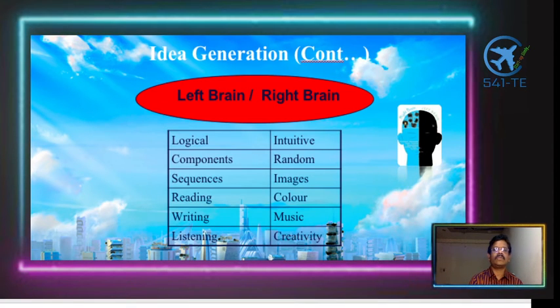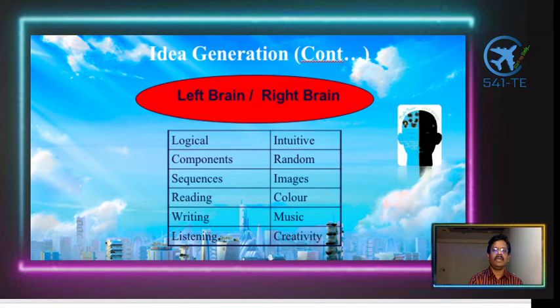In that context, idea generation comes out of our brain, both the left and right brains. In one module we discussed a little bit about these two sides of the brain. The left brain is all about logic, components, sequences, reading, writing, and listening.